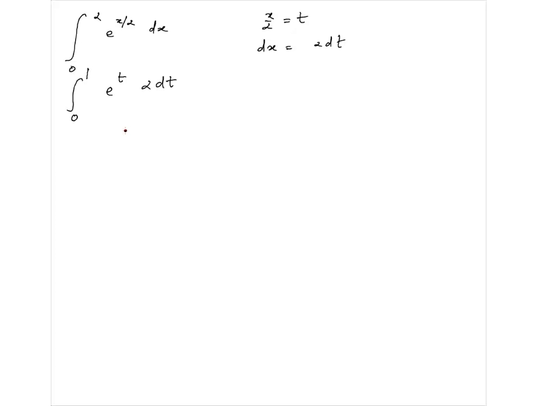Now sometimes you don't do a direct substitution for partial fractions, etc. You go for indirect substitution. So in those cases, limits won't change, because you are not really converting dx to dt.